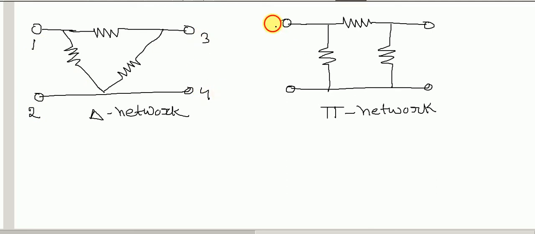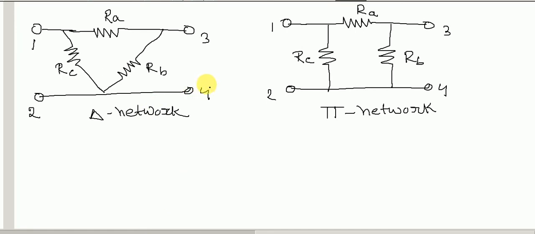These are the equivalent points. And the names of the resistances, let us draw them as RA, RB and RC. Taking clockwise, this is RA, RB and RC. I hope up to this everything is clear to you.